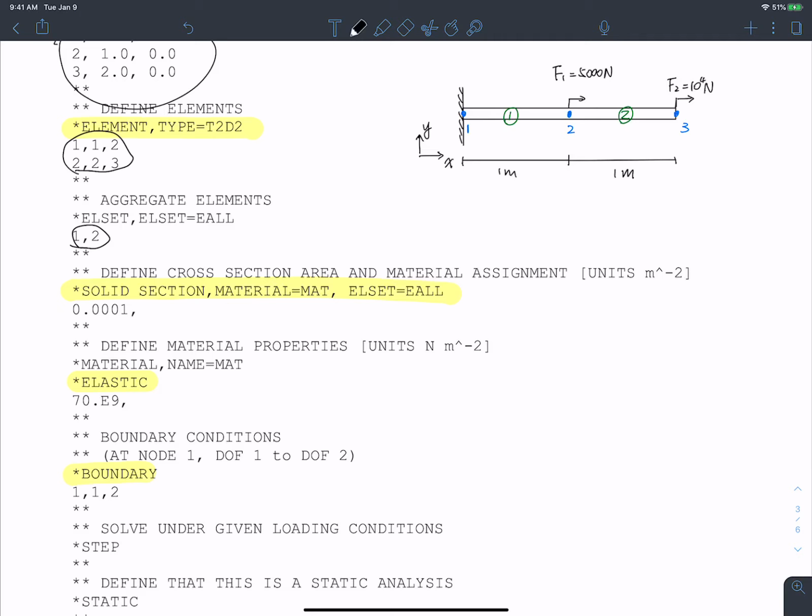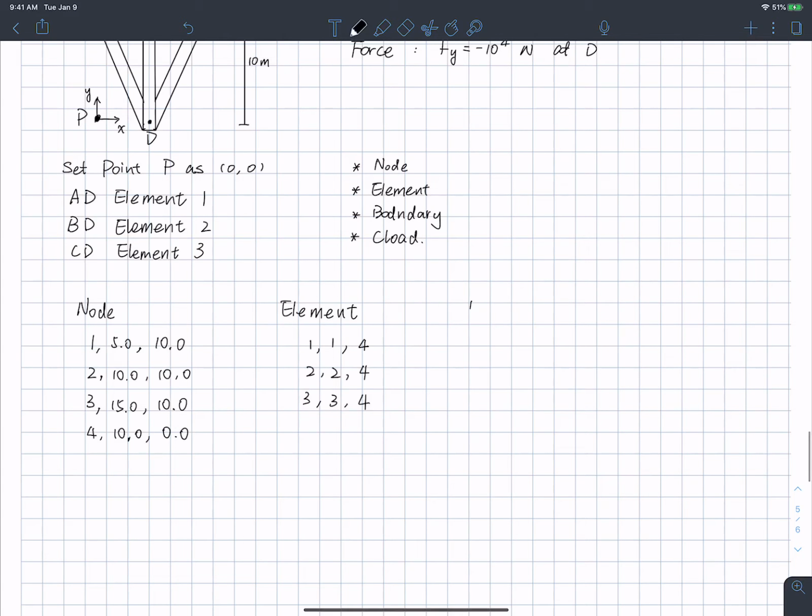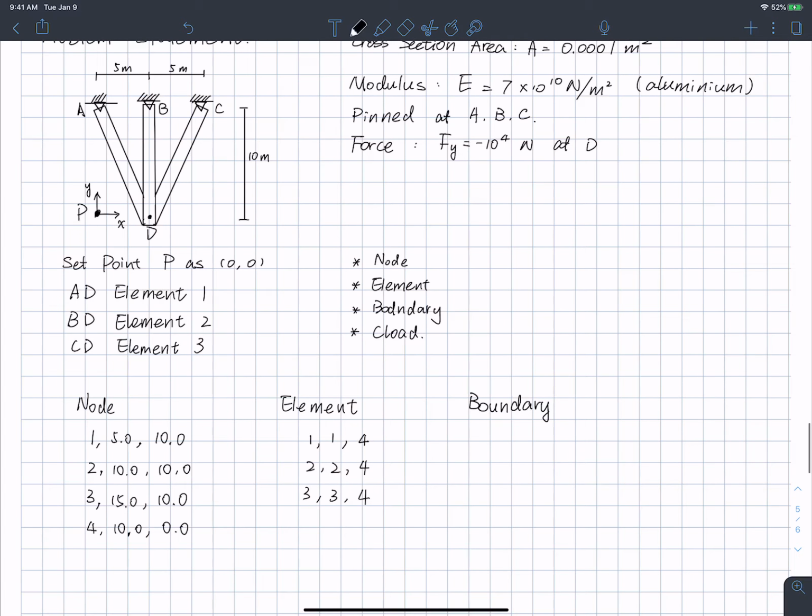And then the boundary condition. The boundary condition can be harder to understand. Like I said, the boundary condition, the first entry is which node you're looking at. So we're looking at node A here, which is node 1. The second entry is which degree of freedom you're going to start with fixing.